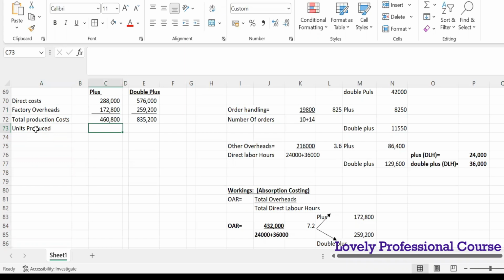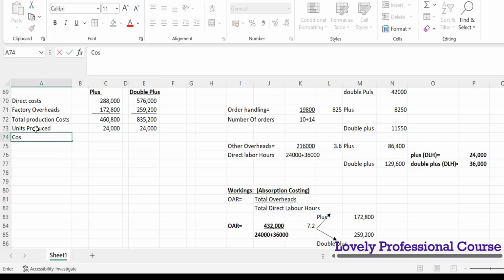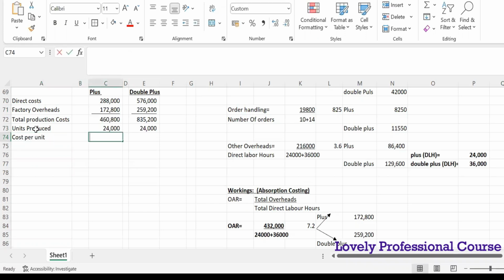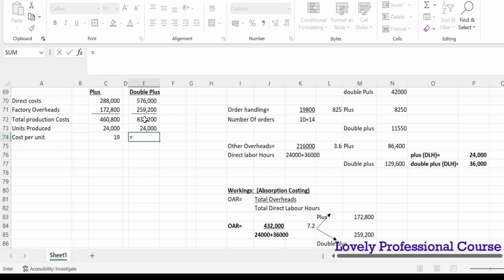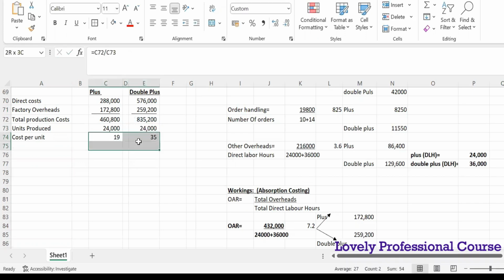Remember in the question, it is 24,000 units. So what is my cost per unit as per absorption costing? Cost per unit, it will be this 460, you divide it by 24,000, and also here you have to take this divided by this 24,000, so as to have your cost per unit.